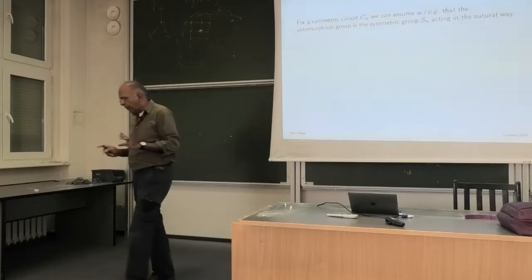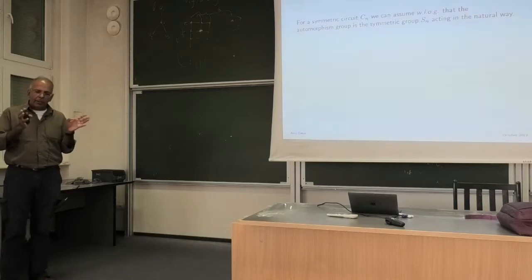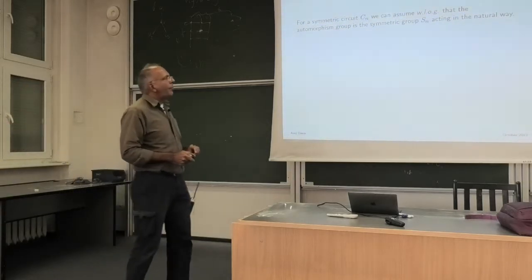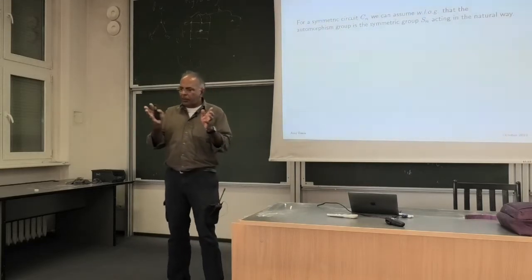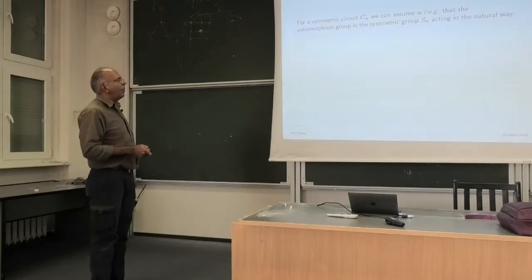Okay, so now I want to show you how I can translate polynomial size symmetric circuits into FPC. Obviously assuming they're uniform circuits, so that we're still computing properties in polynomial time.